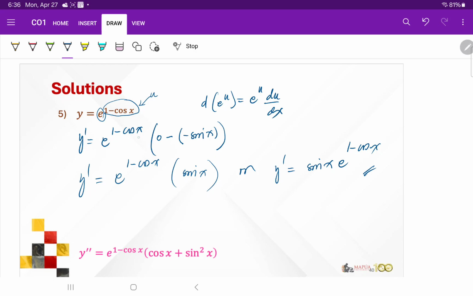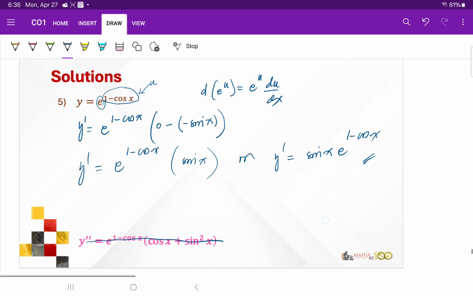E to the 1 minus cosine times the derivative of this, 0. Yeah. E to the u du dx. I think this is not correct. Because cosine x plus sine square x. Right? So this is the final answer.